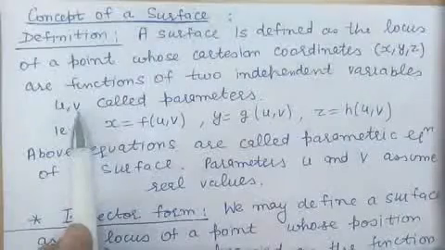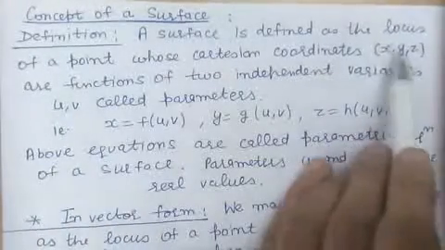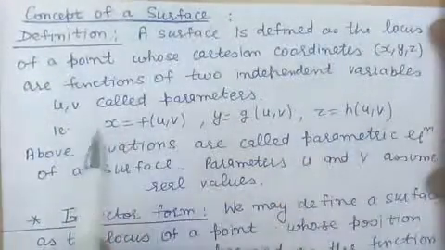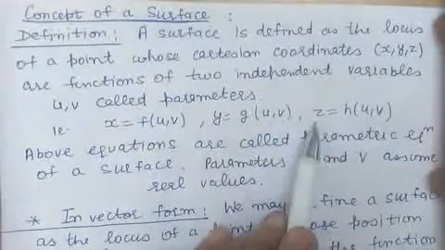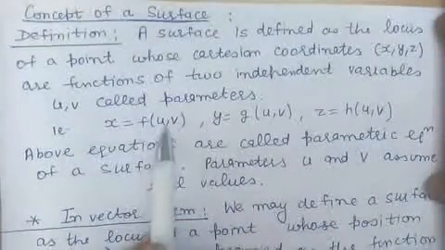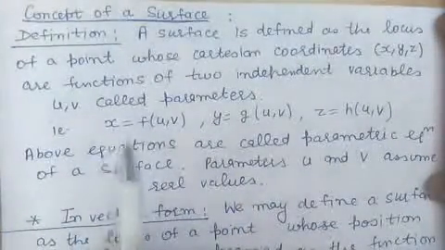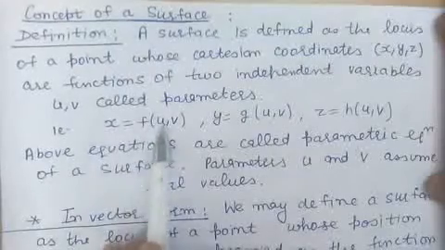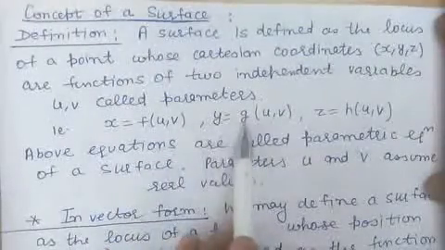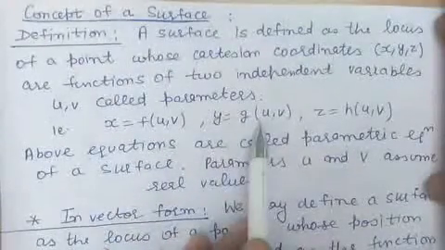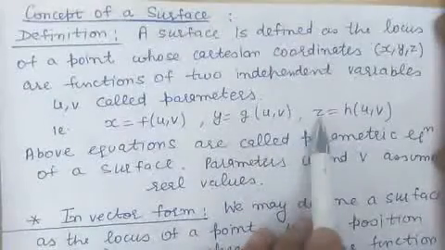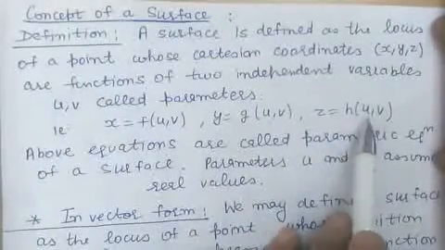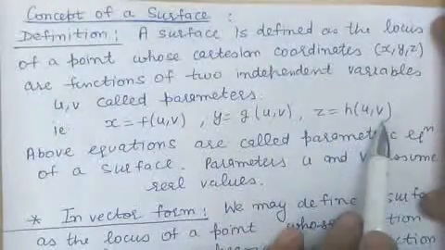It means if the coordinates of the point are x, y, z, then x, y and z are functions of u and v. Here we have denoted x as a function of u and v, y is equal to g(u,v), meaning y is also a function of u and v, and z we have denoted by h, which is also a function of u and v.